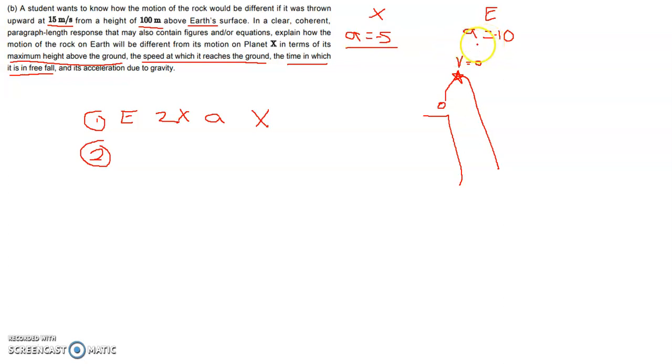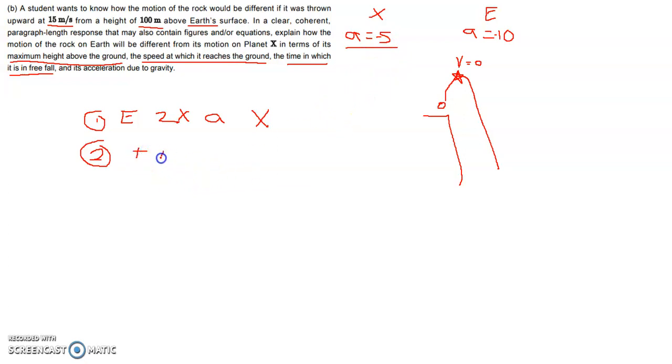So it's actually traveling longer on planet X, which means it's going to go a further distance, right? The time it takes for the rock to reach its maximum height is less on Earth than on planet X. Okay?